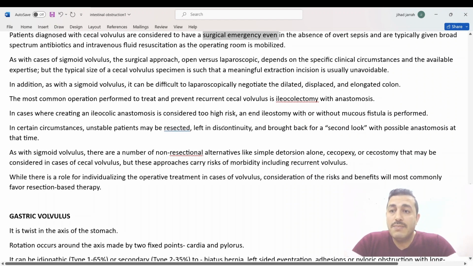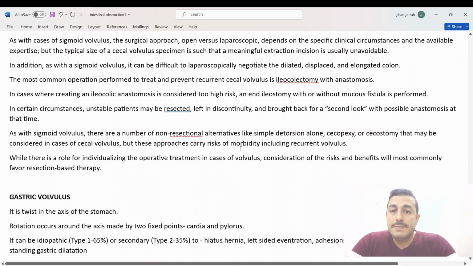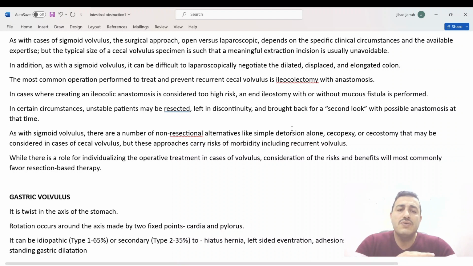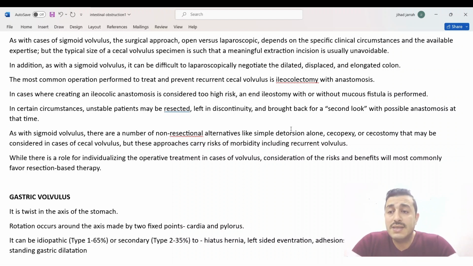We talked about laparoscopy and which we prefer. The most common operation performed to treat and prevent cecal volvulus is ileocolectomy with anastomosis. Right hemicolectomy, yes, we take part of the ileum and we do an anastomosis.